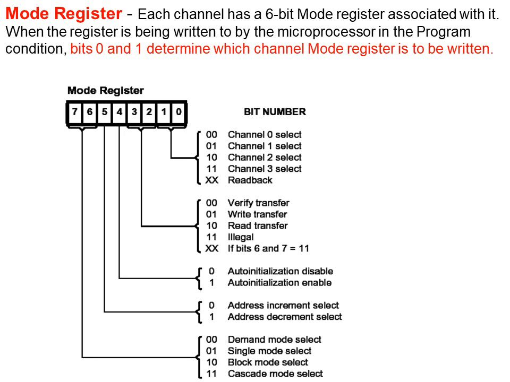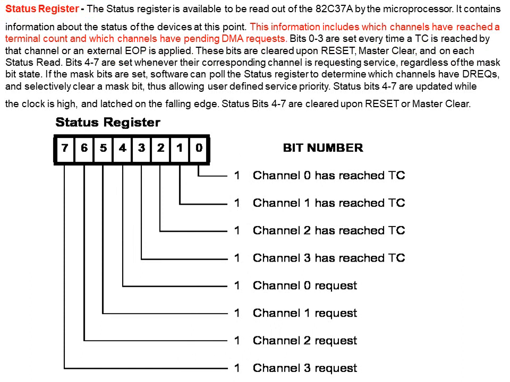If this bit is 0, address increment is selected. If this bit is 1, address decrement is selected. That means whether the address is incremented or decremented depends upon bit 5. Bits 6 and 7 represent the mode in which the operation is performed. If these bits are 00, it is demand mode operation; 01 is single mode; 10 is block mode; and 11 is cascade mode operation.